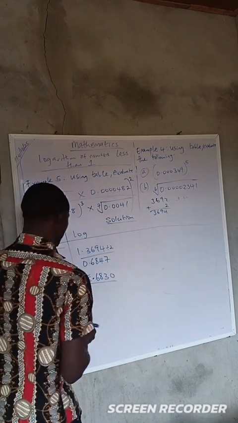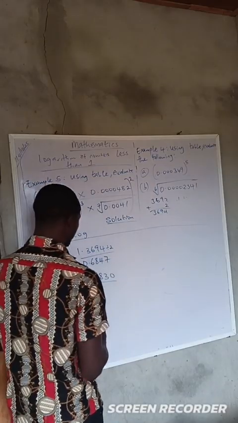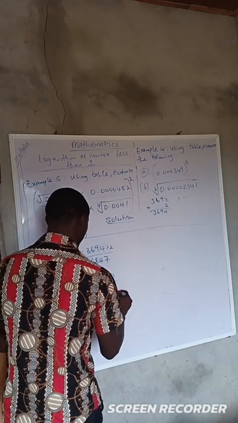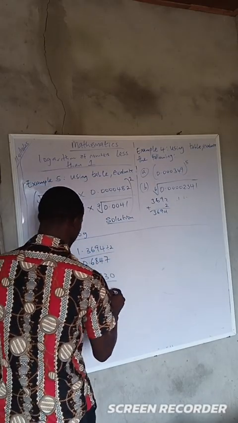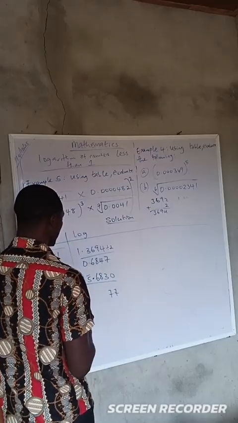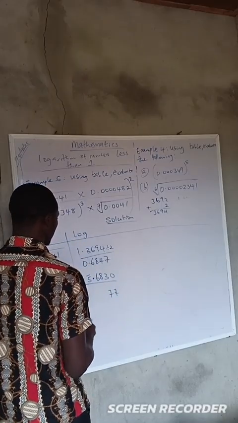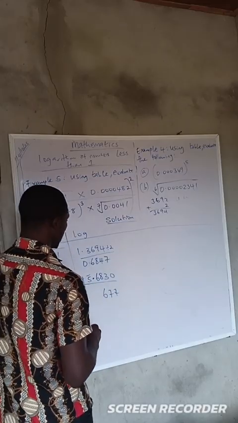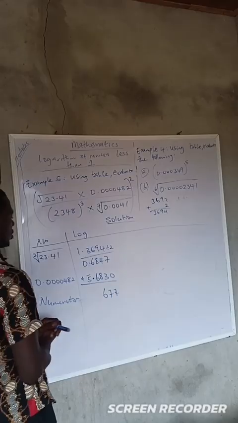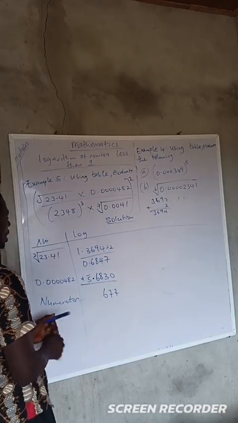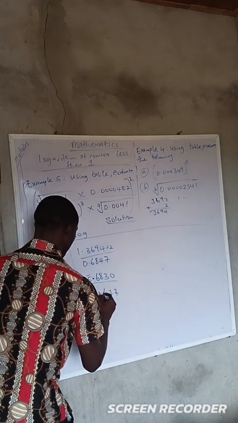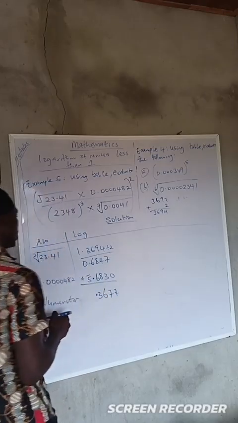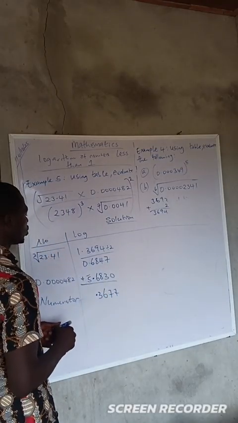So our numerator value is going to be 7 plus 0, you have 7. 4 plus 3, still 7. 8 plus 8, you have 16, you write 6. Carry 1. Then 6 plus 6, you have 12 plus 1, that's 13. You write 3, you carry 1. Then 1 plus 0 is 1.